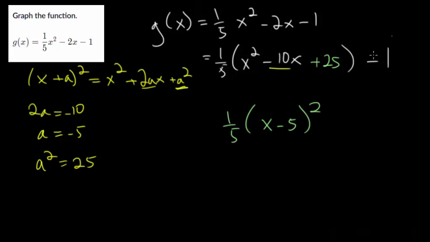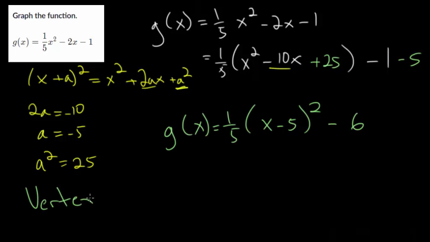Now we want to be careful with the constants here because we didn't add 25, we really added 1/5 times 25. And 1/5 times 25 is 5. So we added 5 here, so that means we also have to subtract 5. So it becomes minus 6 on the outside. And so now we have our vertex form.